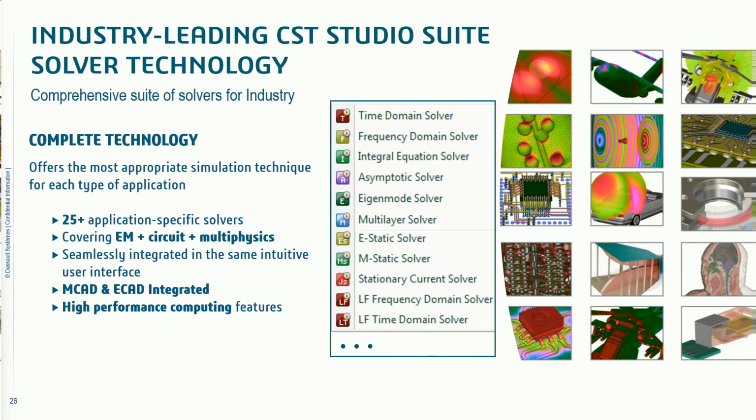Now, another thing about this, full integration of mechanical CAD and electrical CAD, and we'll touch on that a little bit more later and sort of the breadth of that. And finally, high-performance computing. And I'm not just talking about sort of HPC clusters. We have some great tools you can use for local and cloud solves in this. CST supports GPU acceleration in a lot of its solvers, which can lead to some massive enhancements.